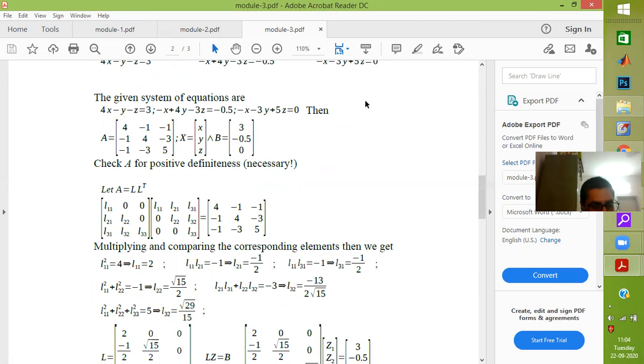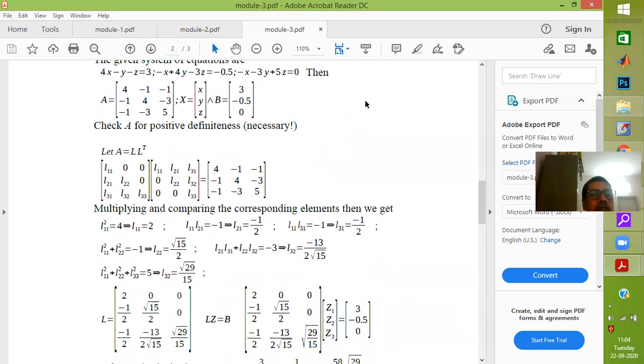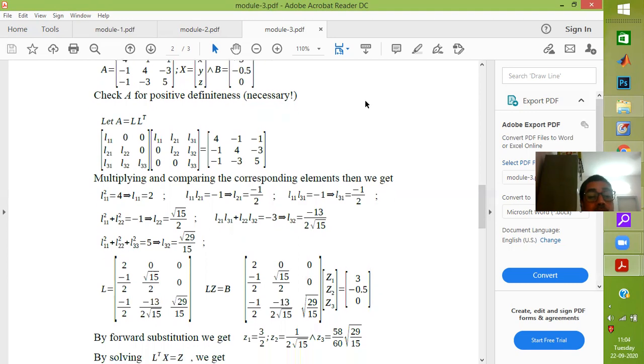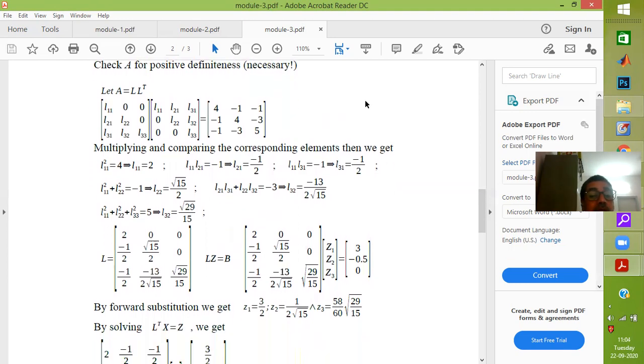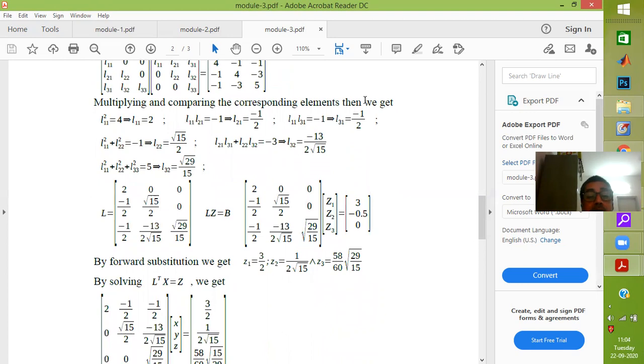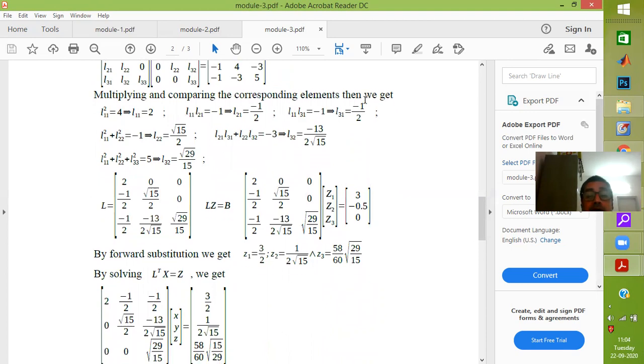But this is a hand calculation example. Just multiply the left-hand side matrices, then equate element-wise and extract all the values. Remember, you only have to solve for 6 unknowns in this case, unlike the 9 unknowns in the case of LU. Once you get your matrix L, go back to the procedure explained: L Z = B, and from this equation find the vector Z. Remember, Z will be a column matrix.